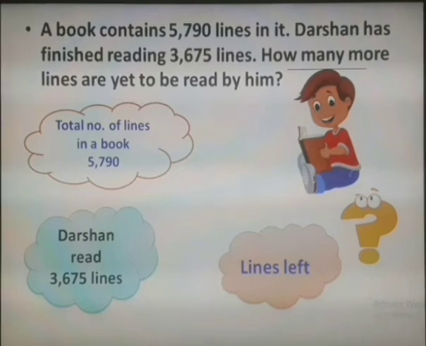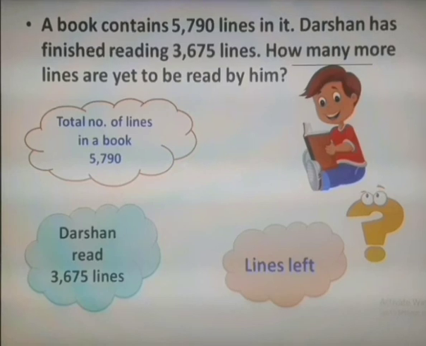Now you have to find out how many more lines are yet to be read by him. I hope you remember these steps to solve word problems. So just follow those steps and find out how many more lines are yet to be read by Darshan.